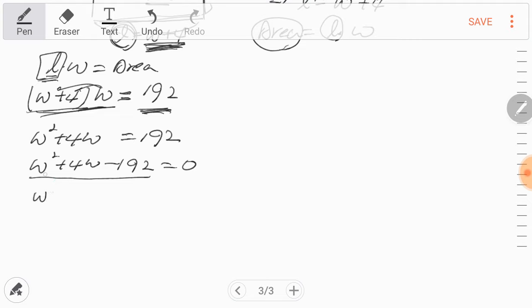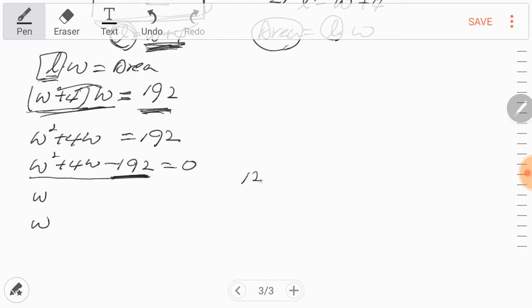W squared is W times W. So let's find the two factors whose product is 192. 192, there are so many factors. 1 times 192, and 2 times something, and 3 times something. There are so many, but make sure the difference is 4, because the length is 4 more than the width. So the difference of the two factors has to be 4. So let's find the possible two factors. So how about 16 and 12?